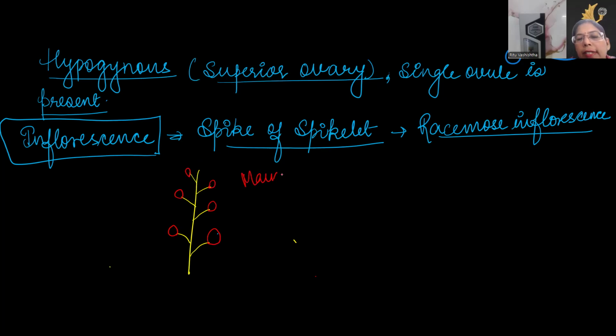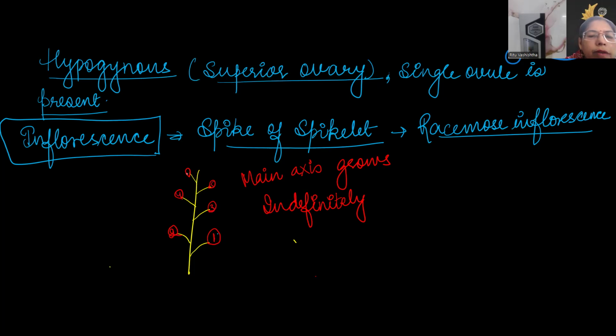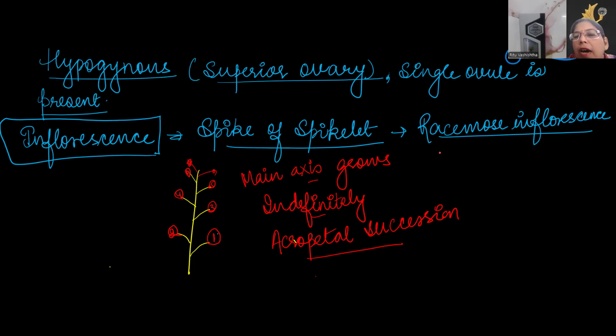So main axis grows indefinitely and the opening of the flowers is from base to apex. So this is going to be 1, 2, 3, 4, 5, 6, 7, 8 like this. So this is known as the arrangement of the flowers in acropetal succession. And the single flower here is known as the floret.